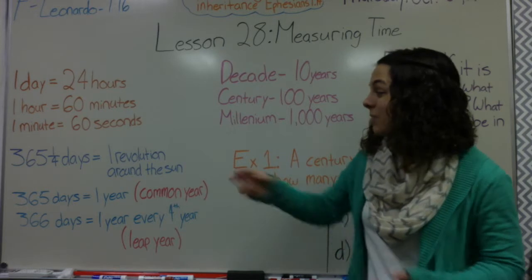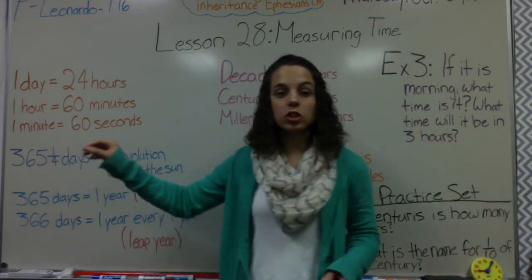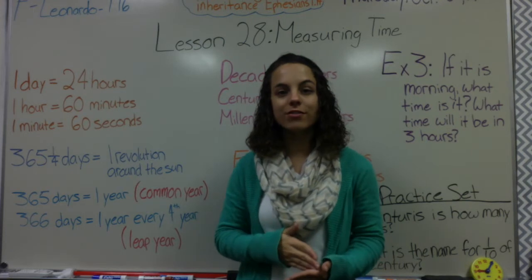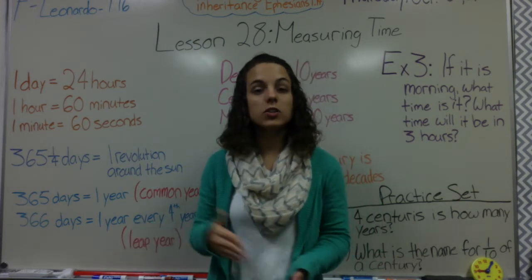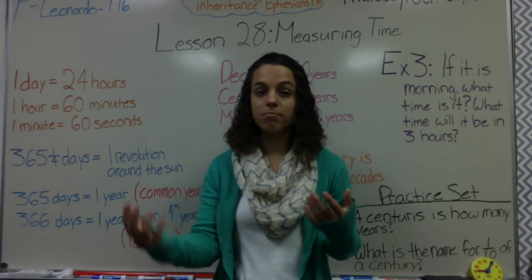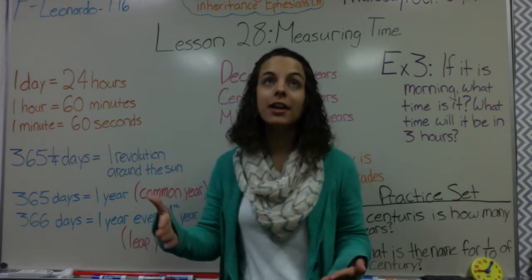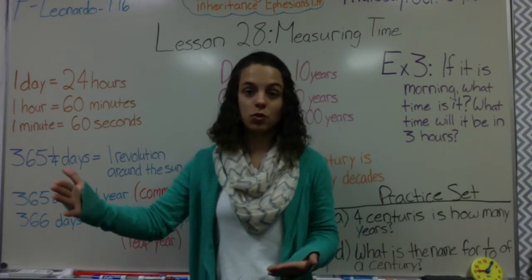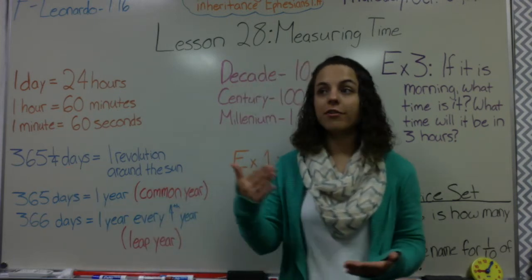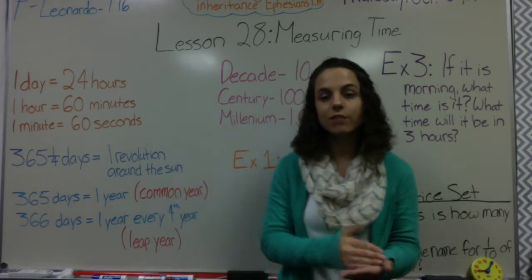So, because we have this extra 1/4 of a day, if we were to have 365 days every single year, our seasons would actually be kind of off. We'd be having maybe the start of spring wouldn't be until June, or the start of winter wouldn't be until January or February instead of December.